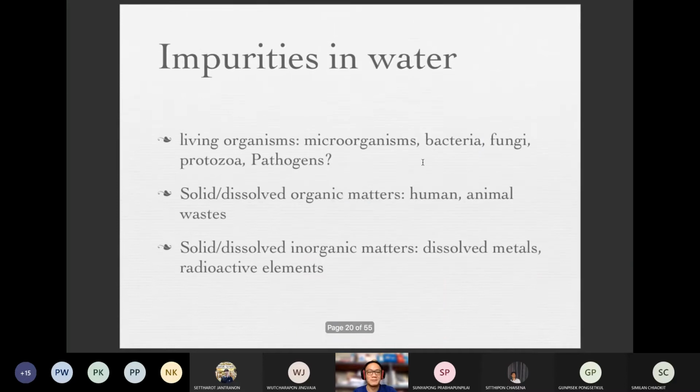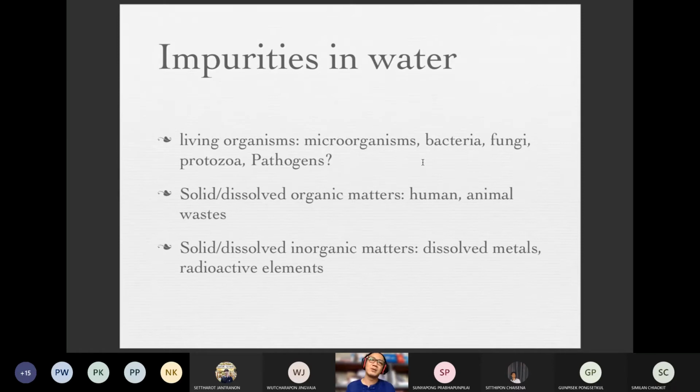pollutants into the water. The impurities or contaminants or pollutants in water, we can classify based on the objects. We can classify them into living organisms or non-living. For living organisms, for example, microorganisms, bacteria, fungi, protozoans, or pathogens.